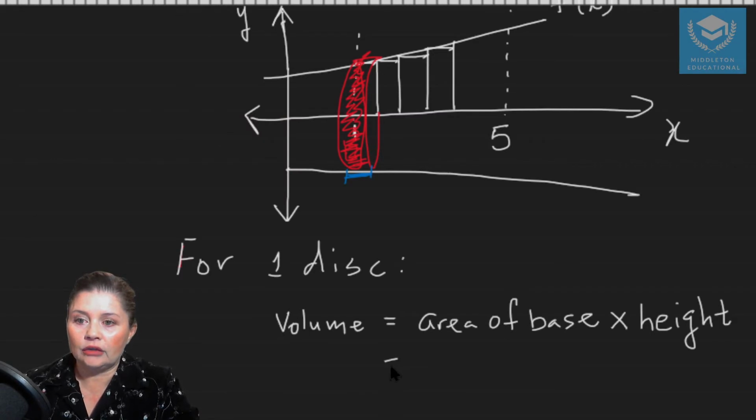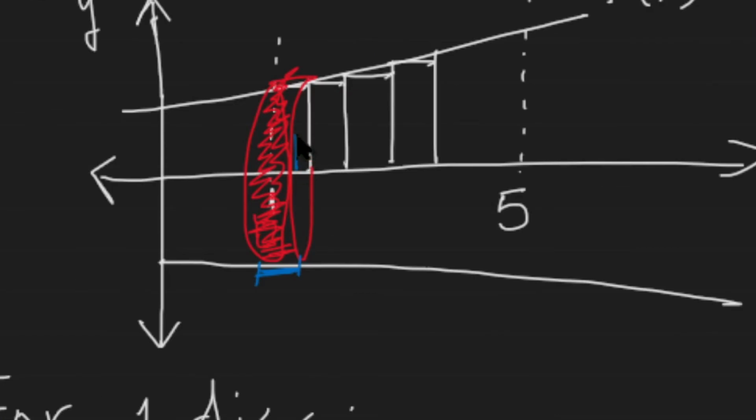The area of your base is just pi r squared, right? And we've gotten this around the disk, which is symmetric, right? So your radius is going to be from that piece to that piece.